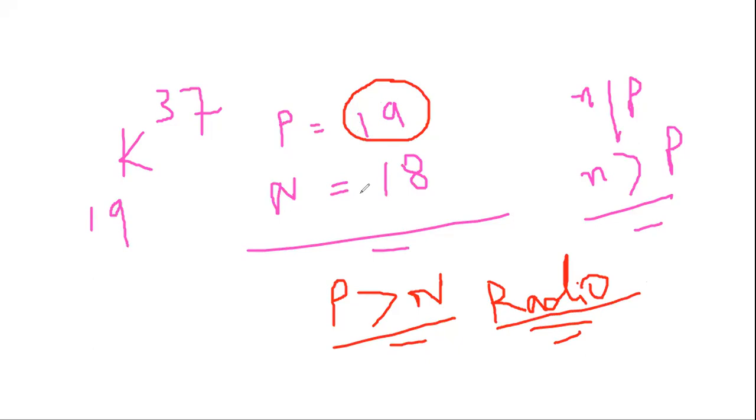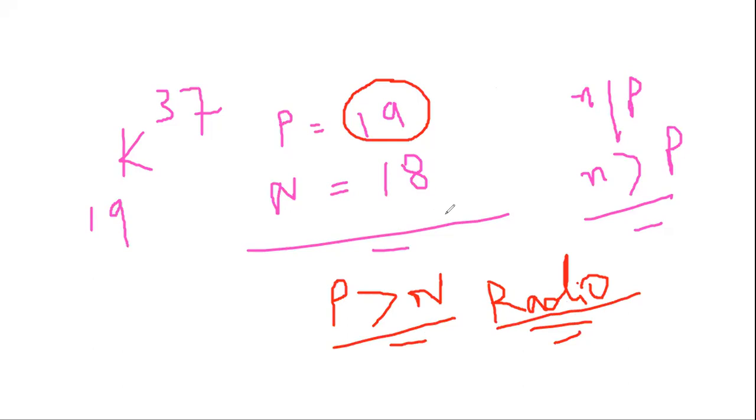So if the number of protons is greater than the number of neutrons, that means there must be a greater repulsion between the protons, and due to the fewer neutrons, there is nothing intermediate to reduce these repulsions, and the nuclide would be radioactive. In the previous exercises, the number of neutrons was greater than the number of protons.